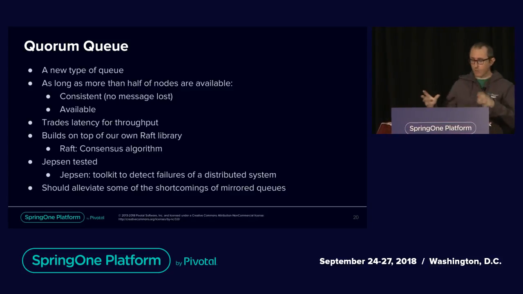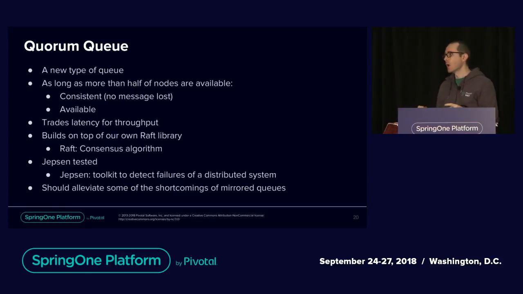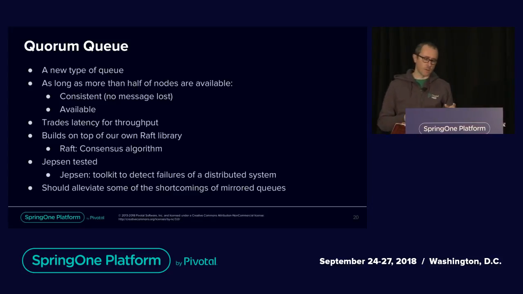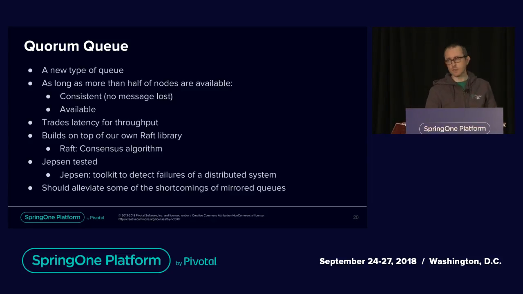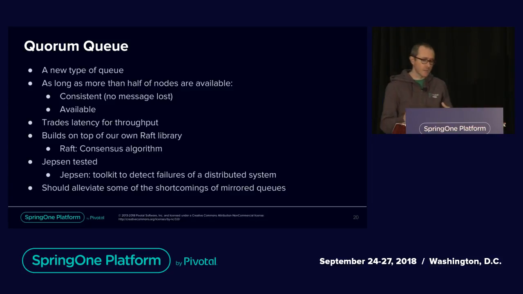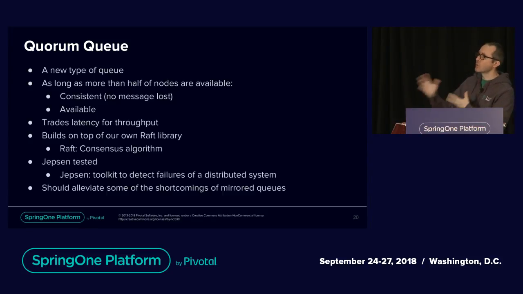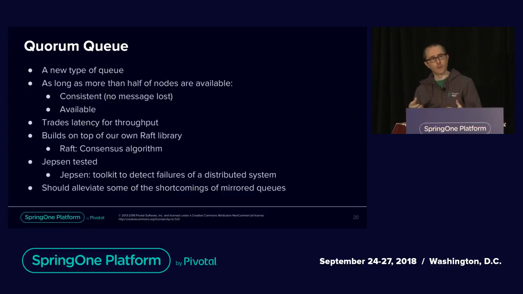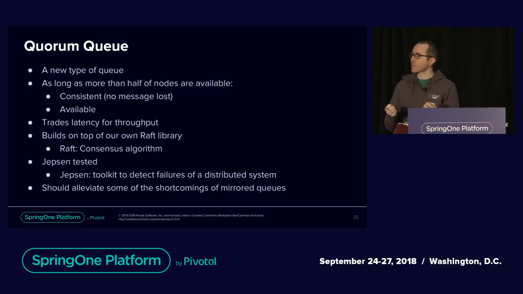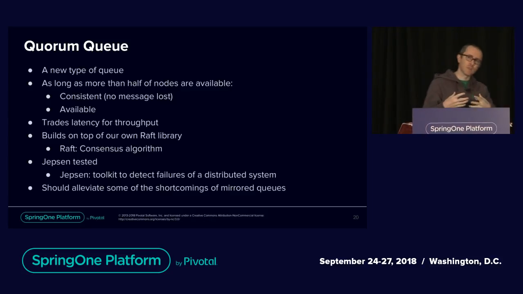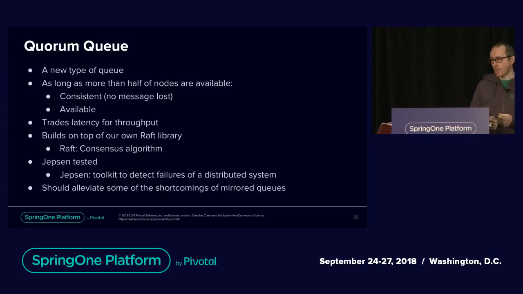We built our own Raft library for this, and our implementation is Jepsen tested at some different layers. Jepsen is a toolkit to detect failures in distributed systems. It's going to simulate some workload and create some network partitions and so on.